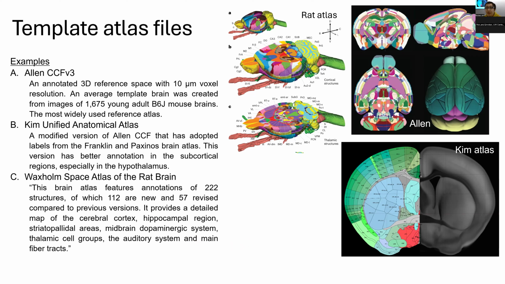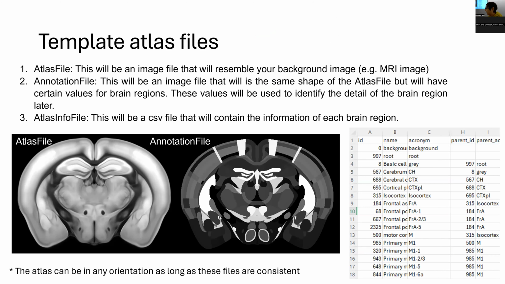Okay. So this is what the atlas looks like as an overview. But when you look at what kind of files you actually need, there are 3 types of files. One type of file is this atlas file, which is an image file that will resemble your background image. So for the outline, this was an MRI image composed from about 1,600 mouse brains.